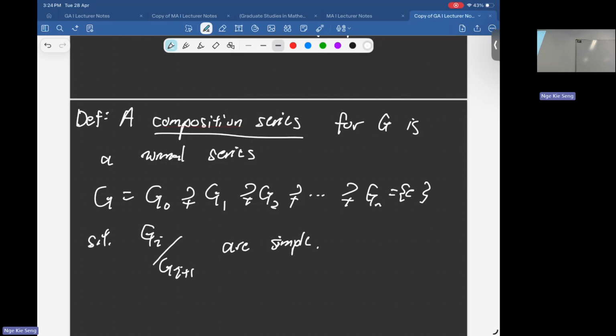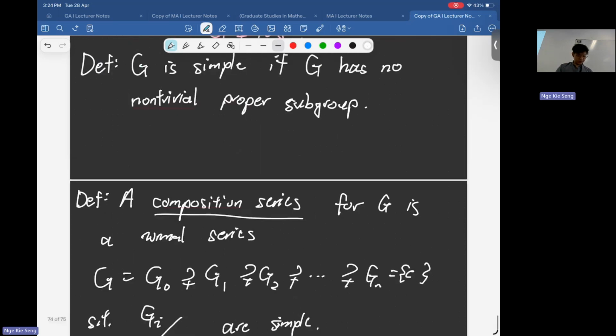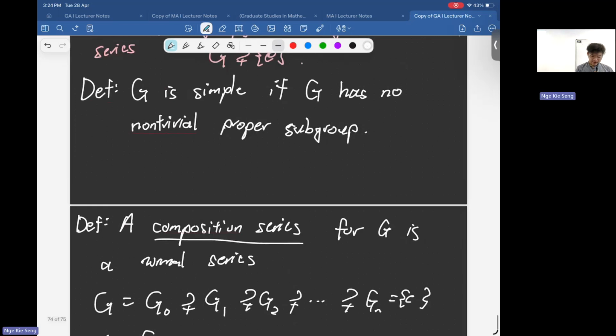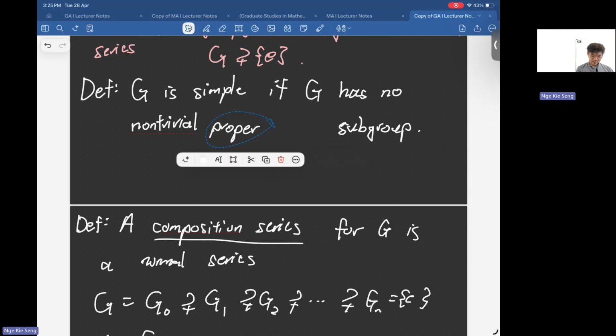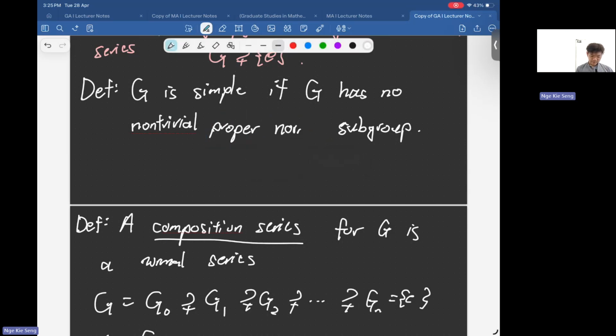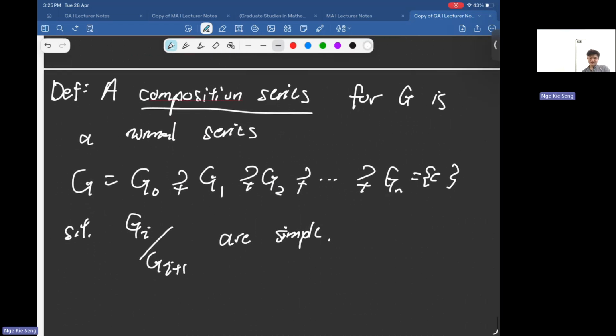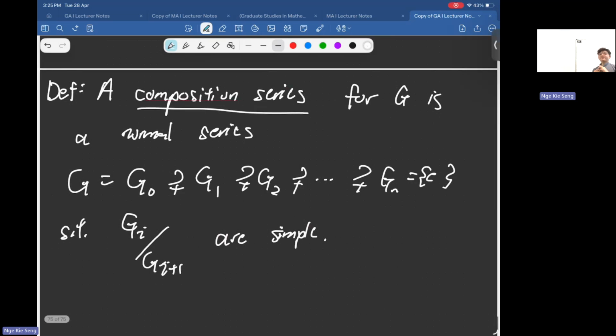So inside this quotient there's no more non-trivial, wait, I haven't finished. There's one more adjective I forgot: non-trivial, proper, normal subgroup.